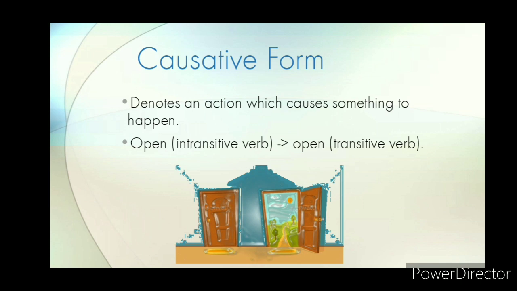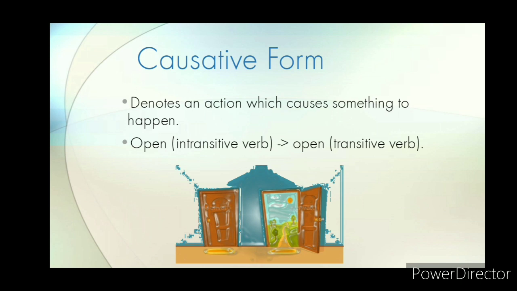If you see the word, it is obvious that the structure is just like zero derivation, in which there is no change in form, but there is a change in function. The fact is, in English zero derivation is the commonest device for producing causative forms, although causatives are also frequently formed by adding the suffix "-en" to the non-causative root. As the example here, open.